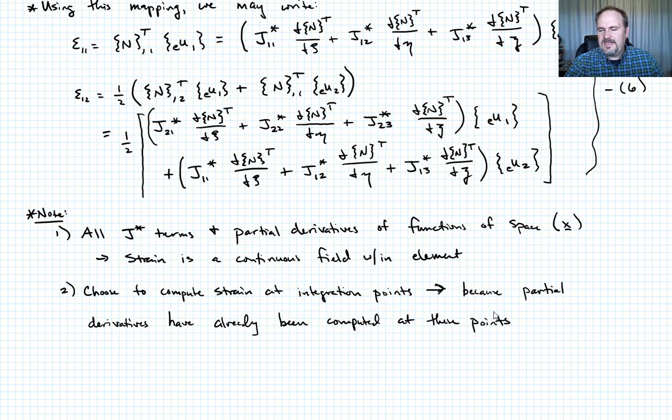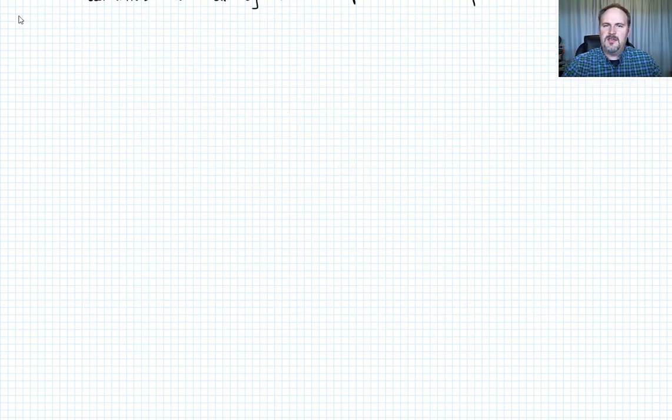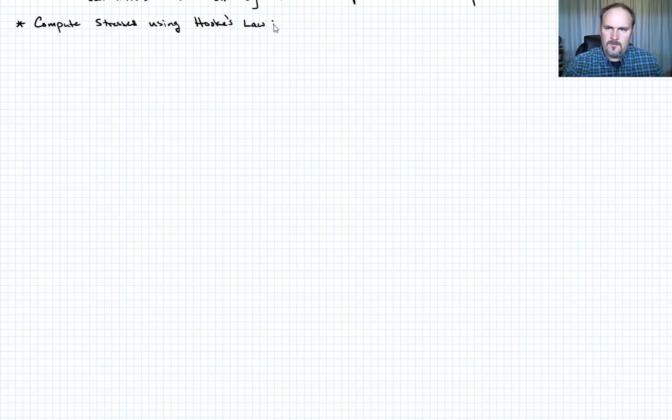Okay, so now that's how we compute strains. How about the stresses? Since this is linear elastic finite element analysis that we're talking about in this section, we can compute the stresses just using Hooke's law. In this class, we'll order the stresses as follows. This is just a convention.